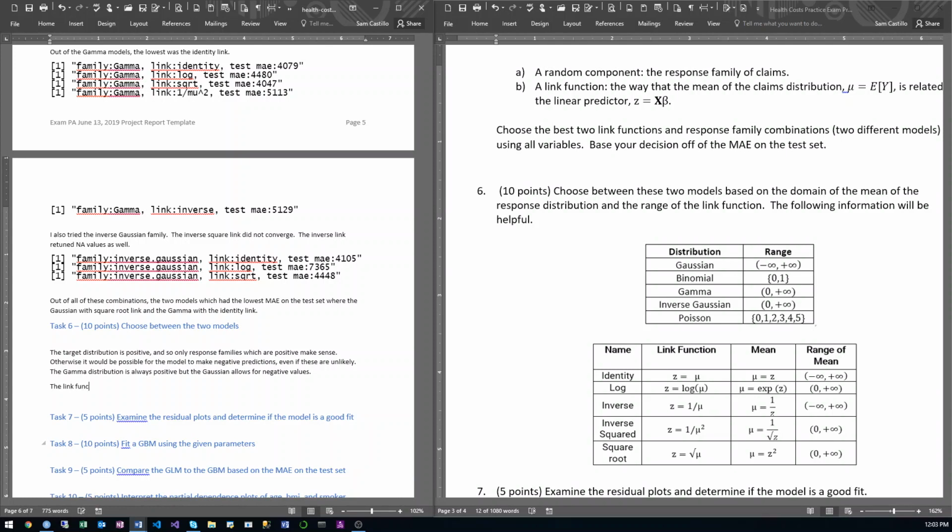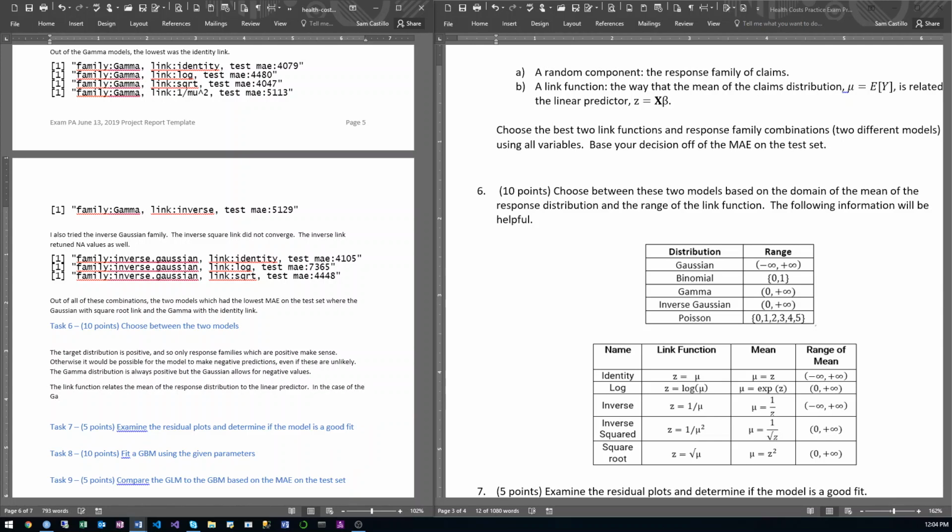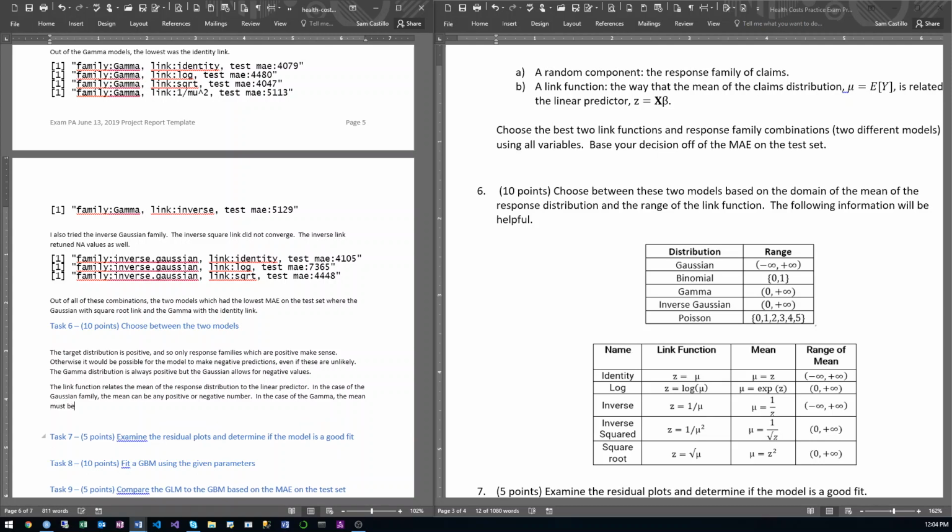The link function relates the mean of the response distribution to the linear predictor. In the case of the Gaussian family, the mean can be any positive or negative number. In the case of the gamma, the mean must be positive.